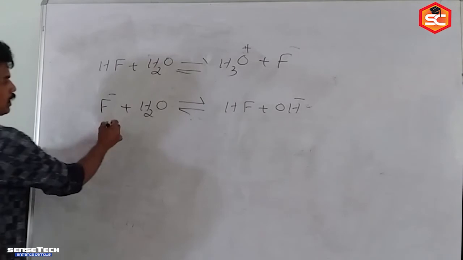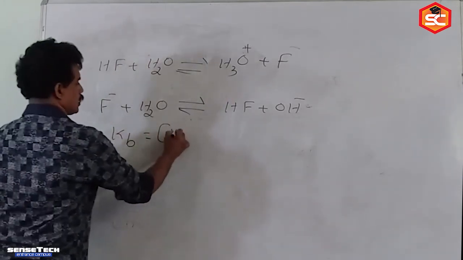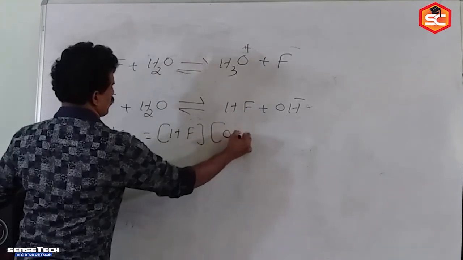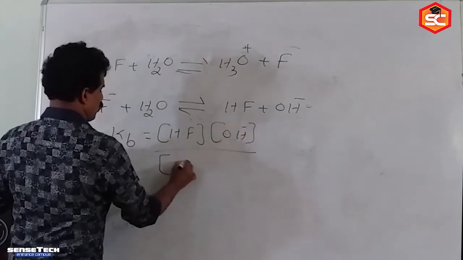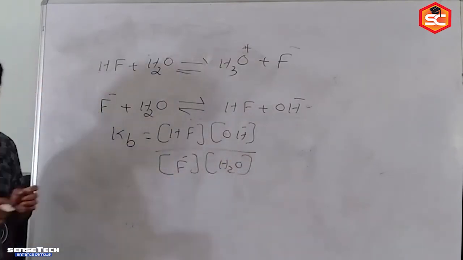Then we can write Kb as concentration of HF into concentration of OH minus by concentration of F minus into water concentration. We can take the water concentration as unity.